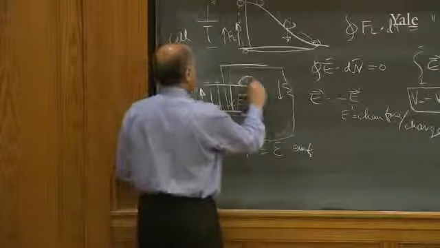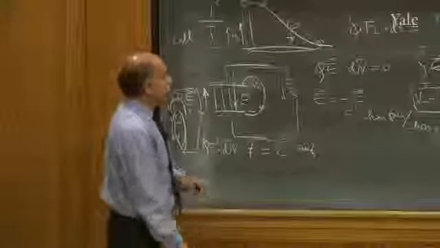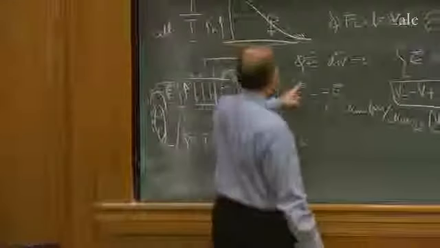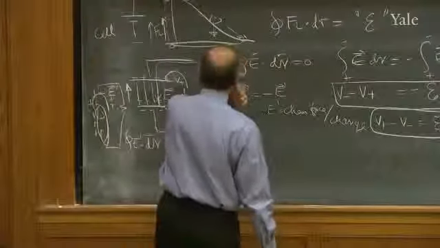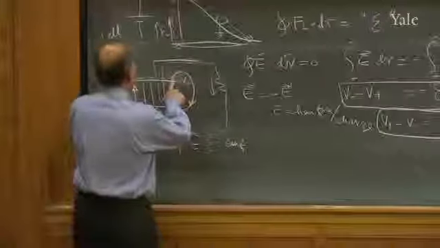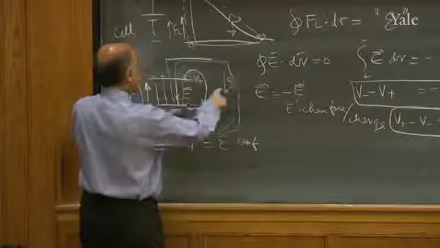So V plus, and this is V minus. Let me just make sure this part is correct. The line integral is 0, or if you like, the integral of the electric field from here to here doesn't matter which path you take for the electric field, it's conservative.